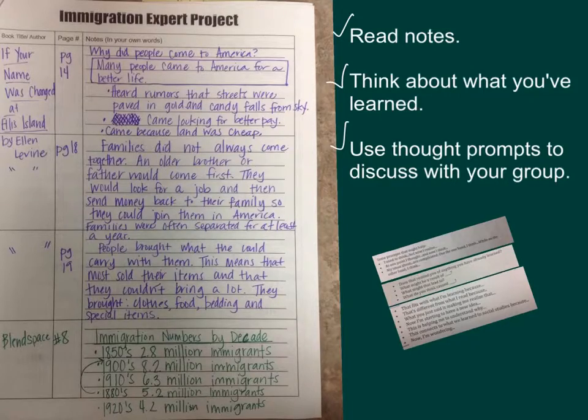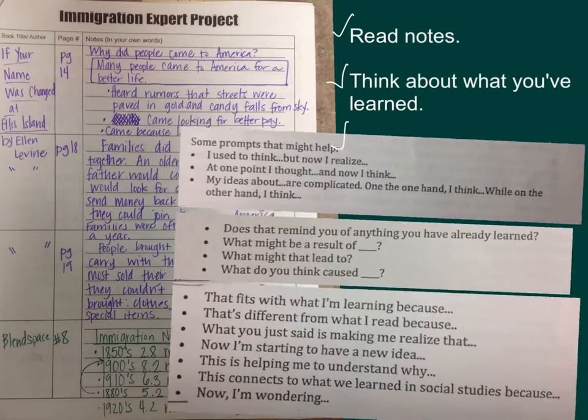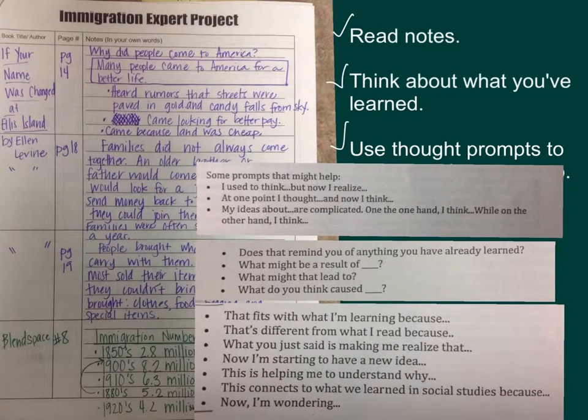And now I'm going to use a thought prompt to discuss this. So I'm looking at this second one right here, and it says, "At one point I thought, and now I think." So at one point I thought that people coming to America had realistic ideas about what America was like.